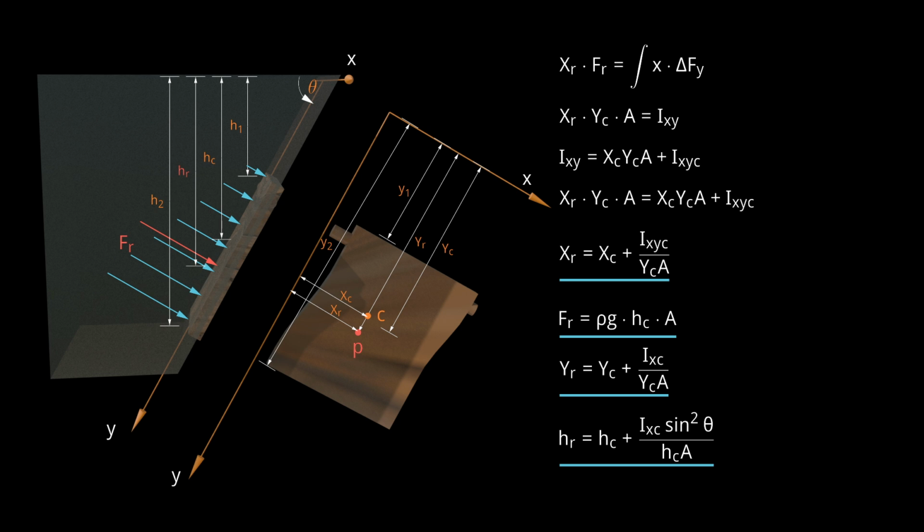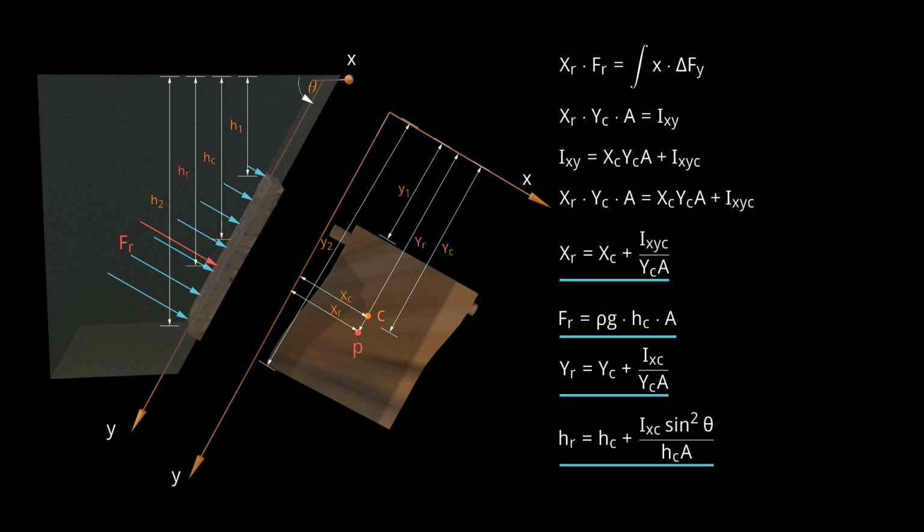In this video, we explored how to calculate the resultant hydrostatic force on a submerged plane surface and determine its point of application, known as the center of pressure. The key takeaway is this: the magnitude of the resultant force on any plane surface submerged in a fluid is independent of the angle at which the surface is inclined.